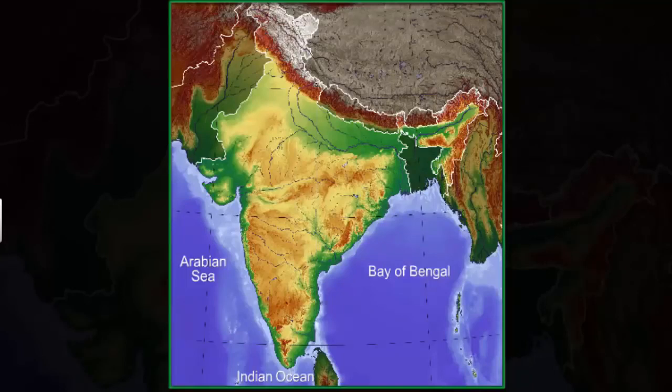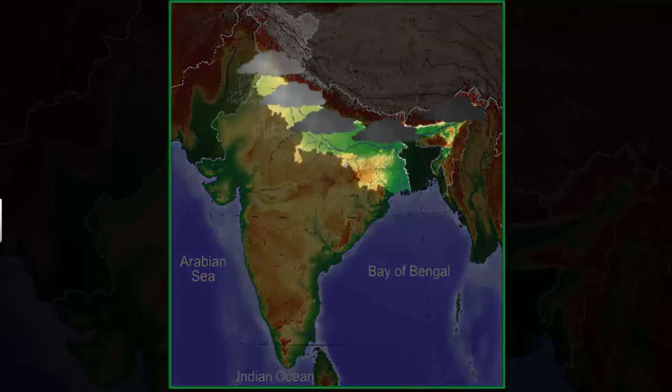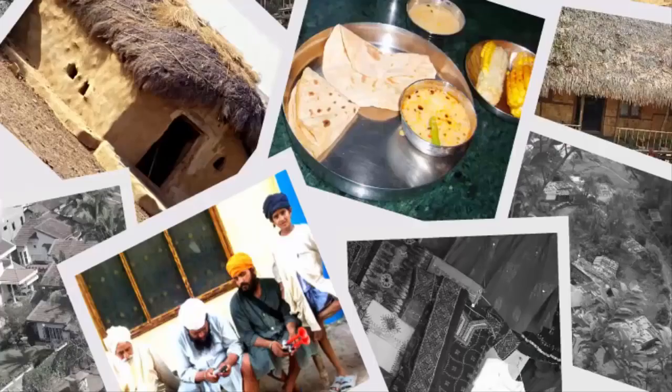There is a decrease in the rainfall generally from east to west in the northern plains. Climatic variations also affect the way people live: the food they eat, the clothes they wear, and also the kind of houses they live in.